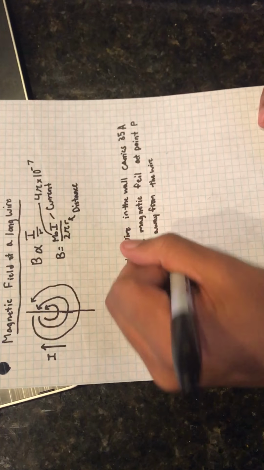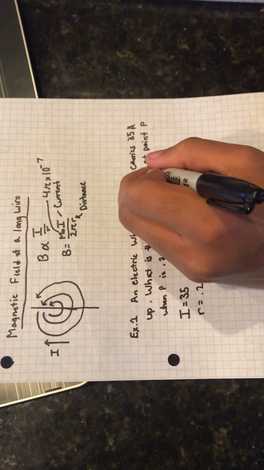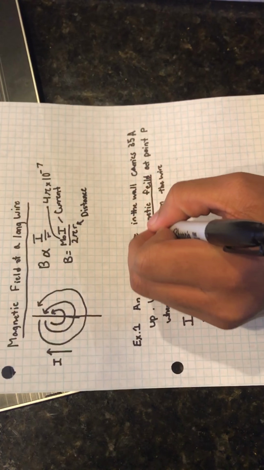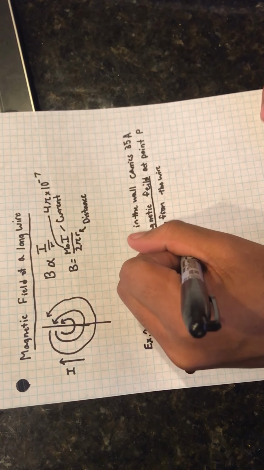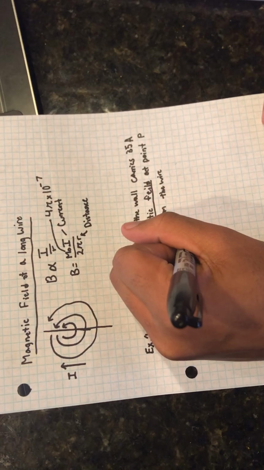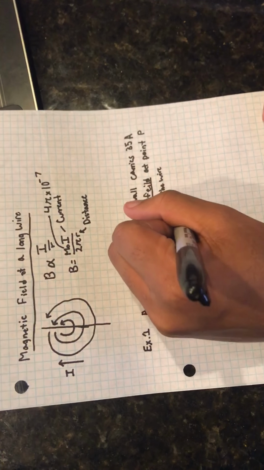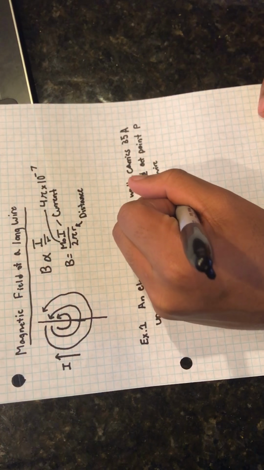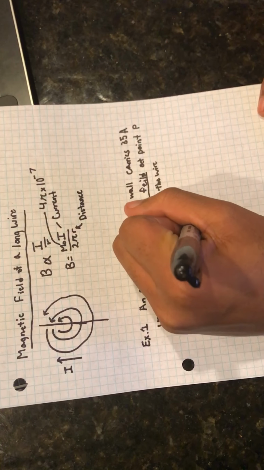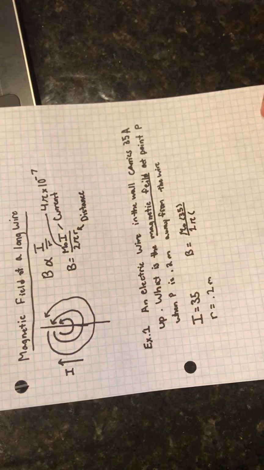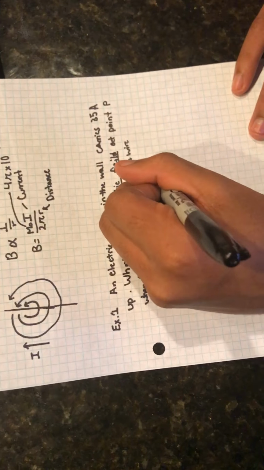So B, because you're looking for the magnetic field, B equals mu naught times 35 over 2 pi times 0.2.